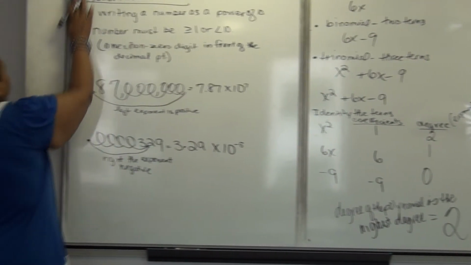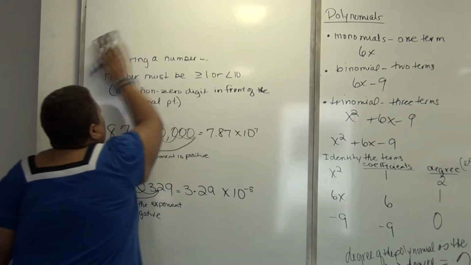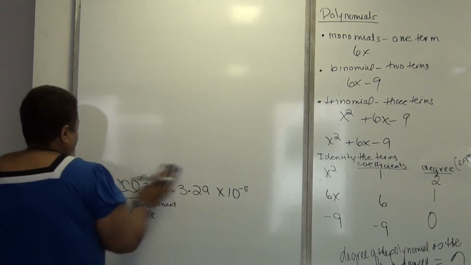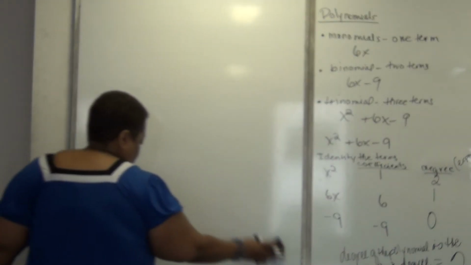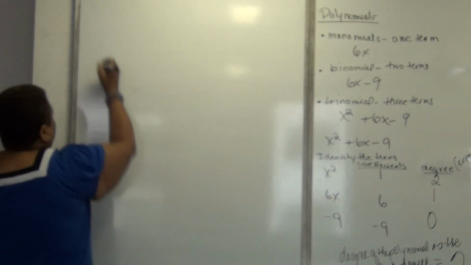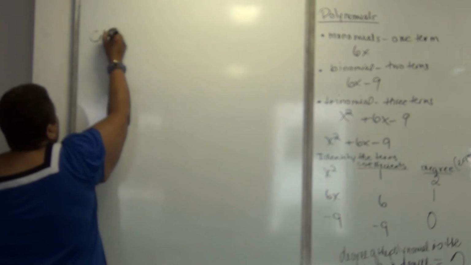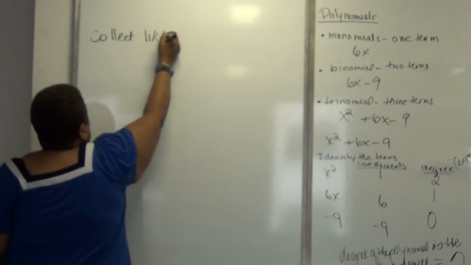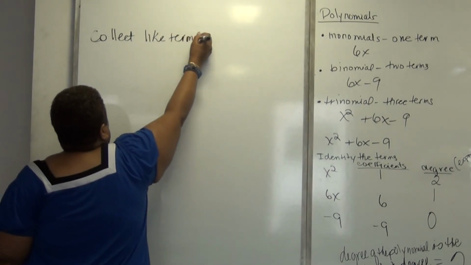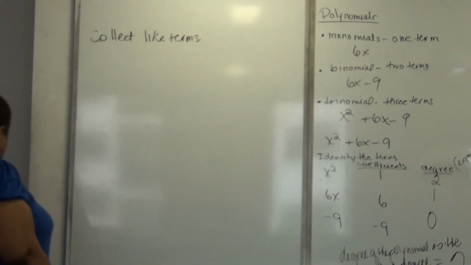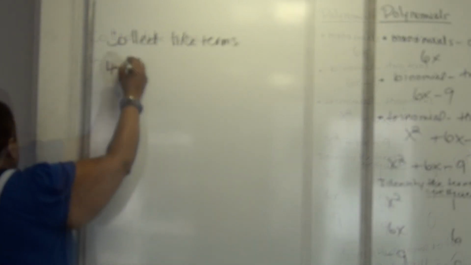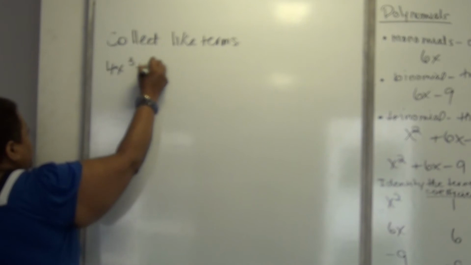So now, suppose we are going to now collect like terms. Collect like terms, just like in chapter 7.